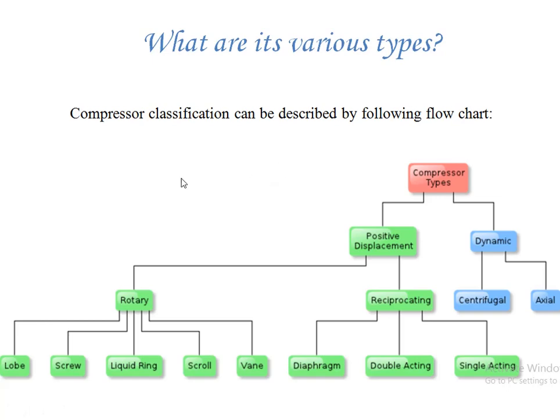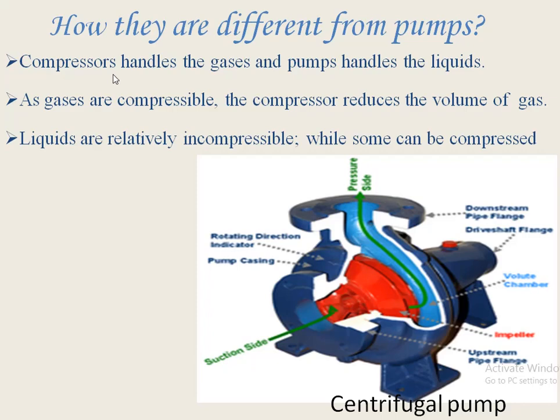Let's go to the working principle and construction of a reciprocating compressor. So what is a compressor and how is it different from a pump? You know that a pump is also used to increase the pressure, but the difference between a pump and a compressor is that a pump handles liquid, whereas a compressor handles gases.